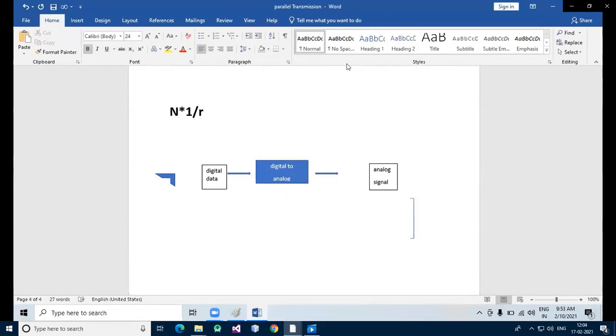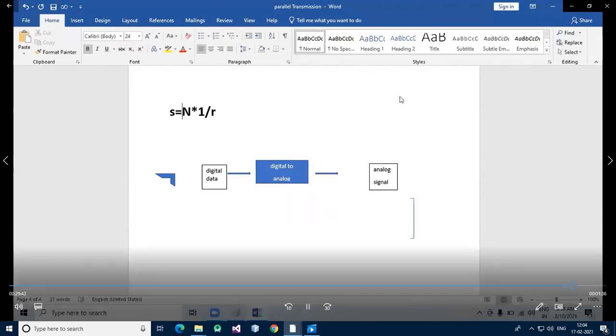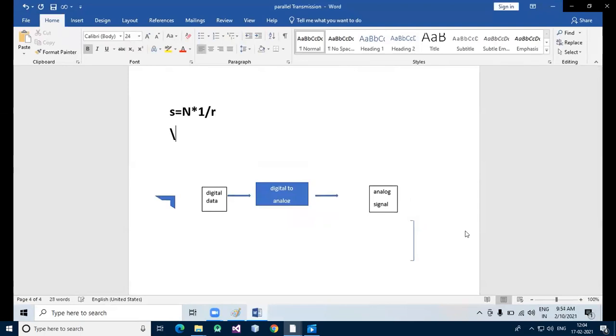We have defined the data rate, bit rate, and signal rate, the baud rate, earlier. The relation between them: the signal rate S equals N times 1 upon r. N is nothing but the data rate.